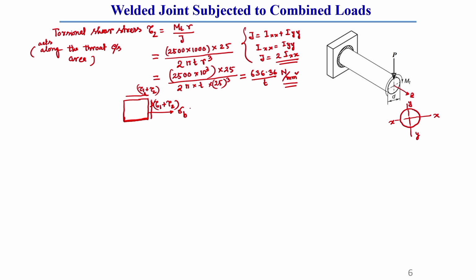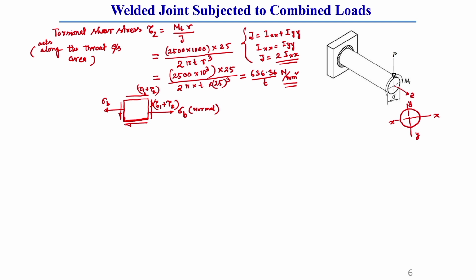So, this is the normal component, and the primary and torsional shear stresses act along the throat cross sectional area. So, the state of stress will look like this: only sigma b will be there, and this shear stress tau 1 plus tau 2 will be there.